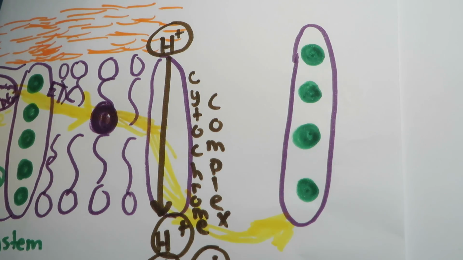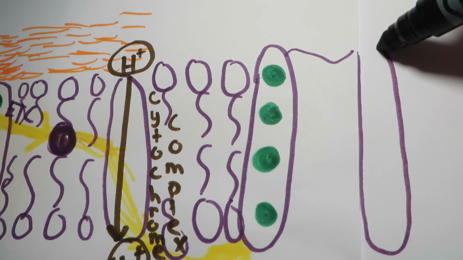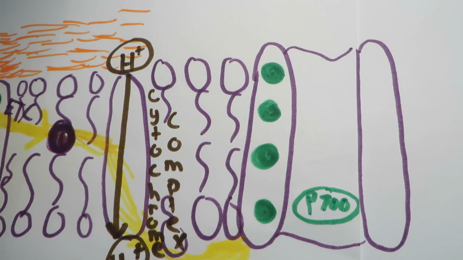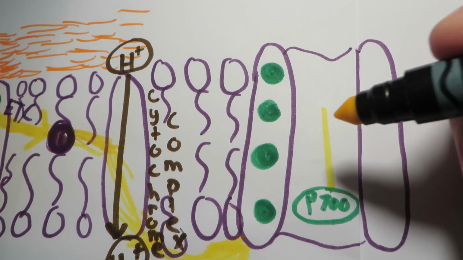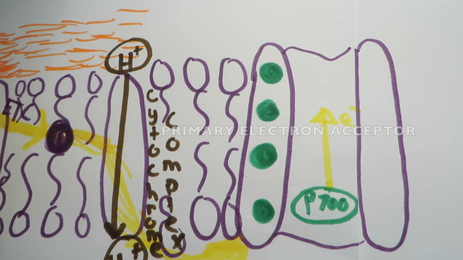The electron transport chain makes its way to photosystem 1. It excites an electron of chlorophyll P700, and an adjacent primary electron acceptor captures the electron, and an electron that reaches the bottom of the electron transport chain from photosystem 2 replaces the lost electron in P700.